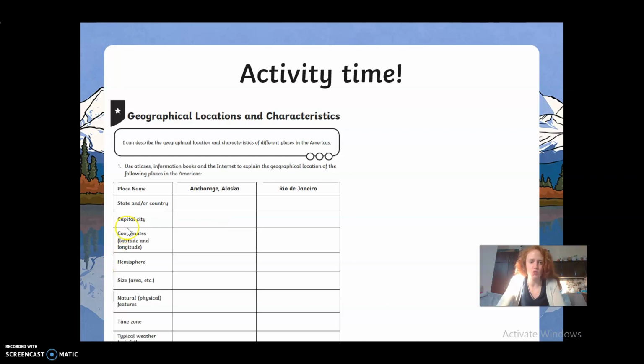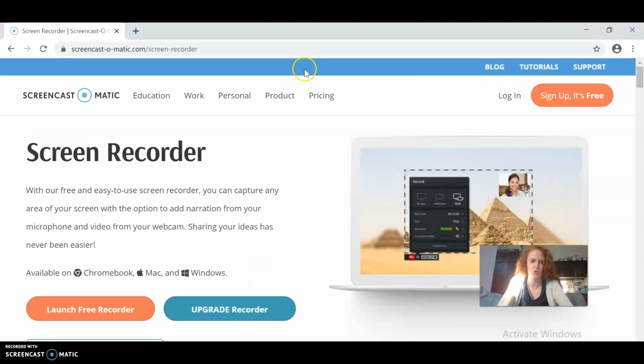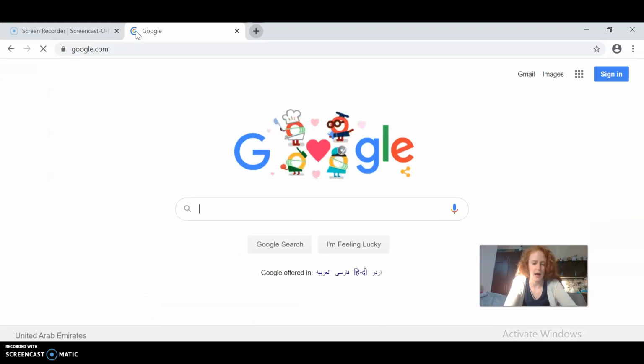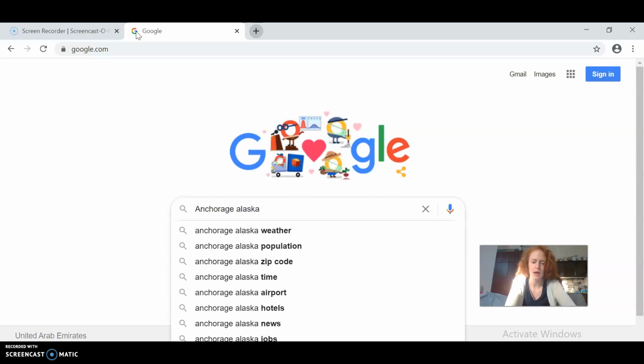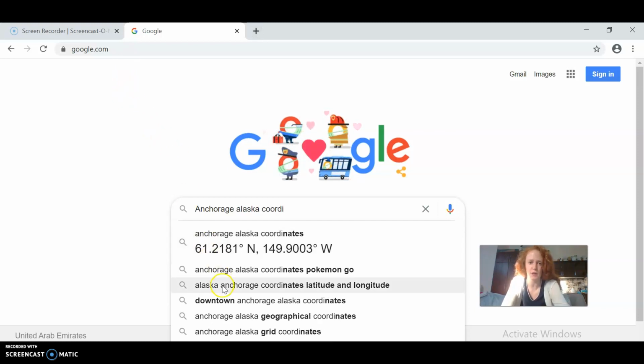Anyway, then guys, coordinates, latitude and longitude. Okay, now at this point, you have to go on the internet and look up Anchorage, Alaska, and now coordinates, okay? And it will come up.